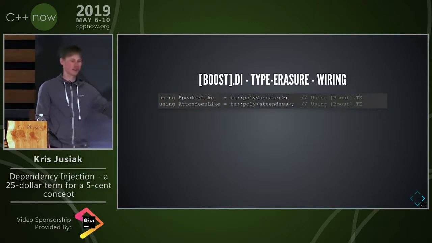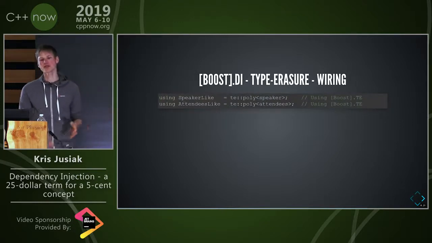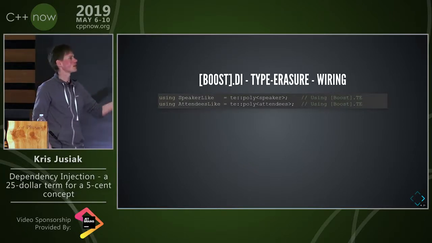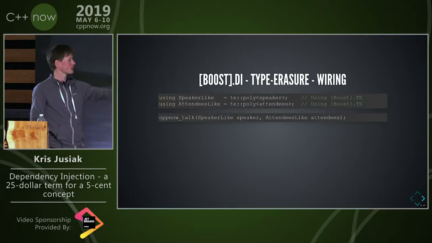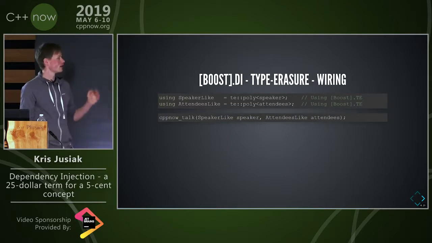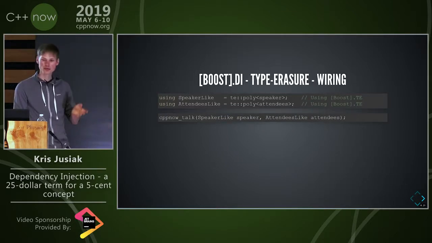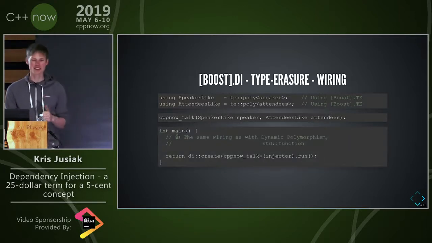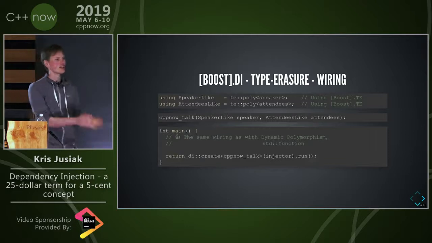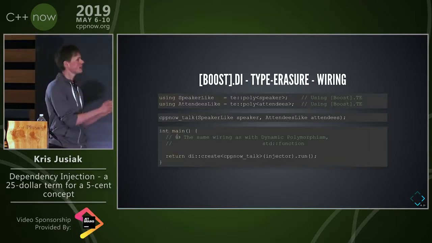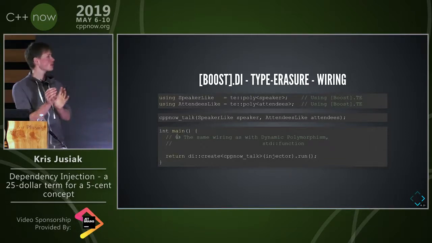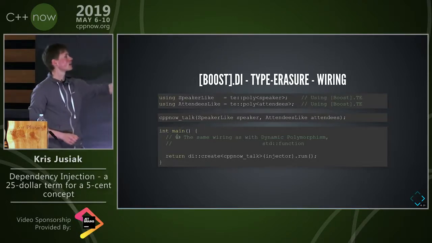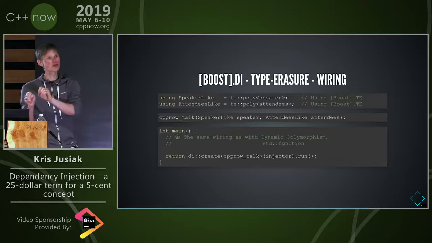It's the same for type erasure. We used virtual concepts before, and to implement that I used some poly library. But it doesn't matter if the constructor changes for these guys, the wiring is still the same. That's the main point: the wiring doesn't change. Speaker-like to regular speaker, attendee-like to awesome attendees, and the idea is that we just change our code the way we want it.